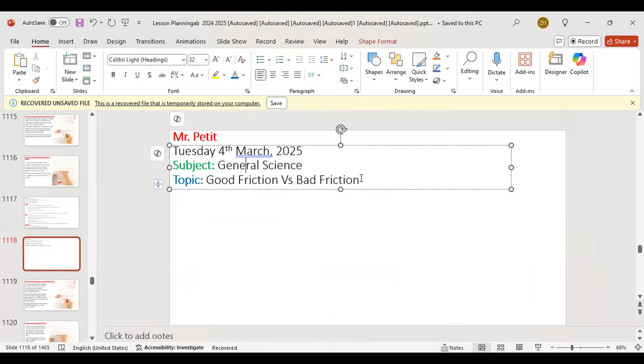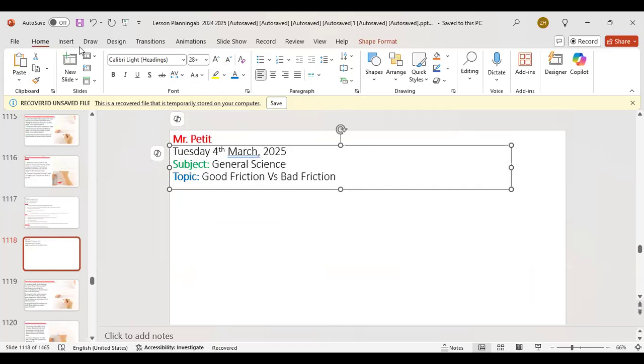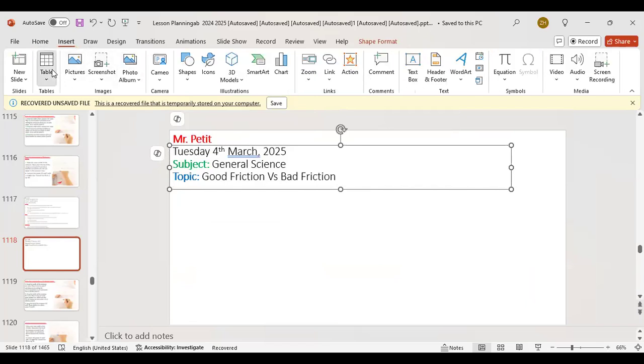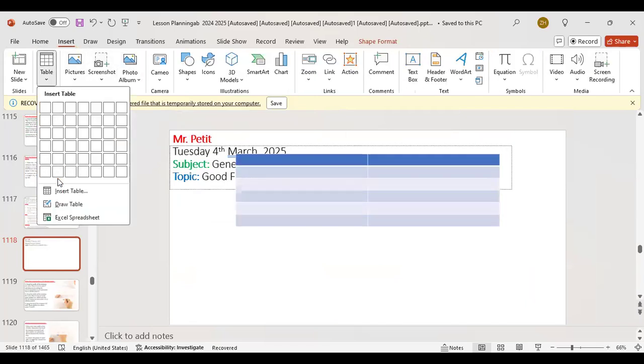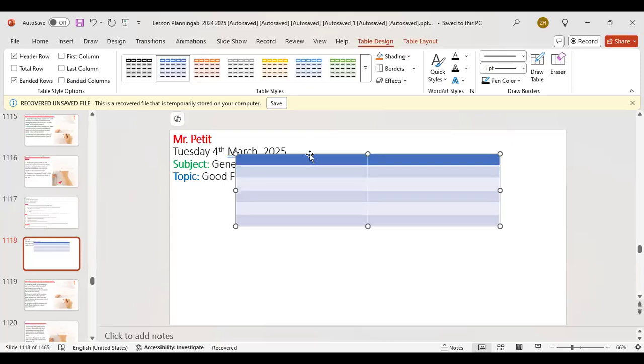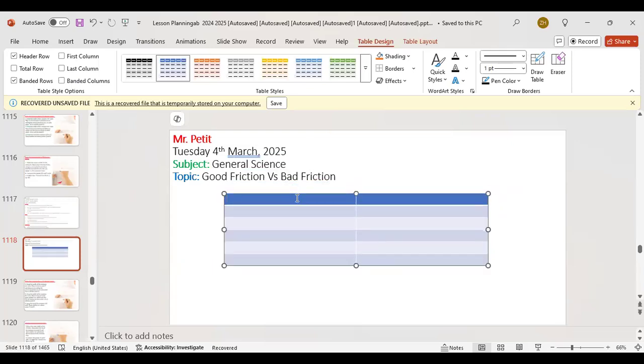So we have advantages of friction, and we have disadvantages of friction.